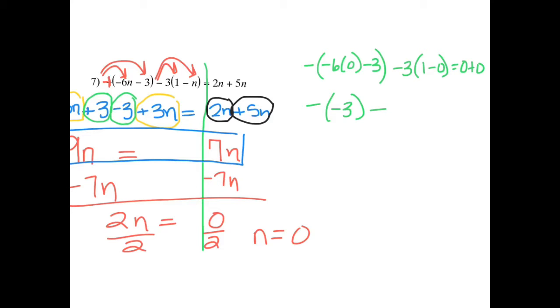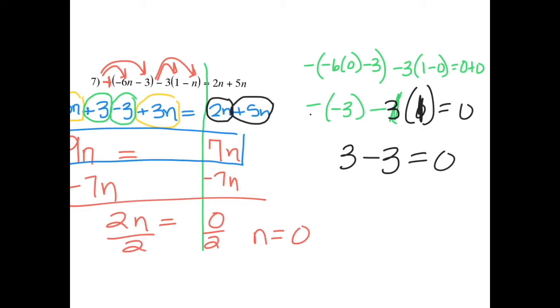And then I have a negative 3. 1 minus 0 is 1, equals 0. So I end up with a negative times a negative, which is a positive. So 3 minus 3 is in fact 0.